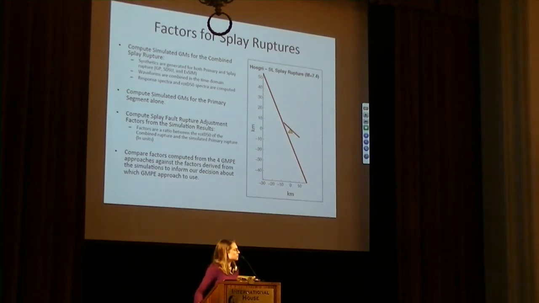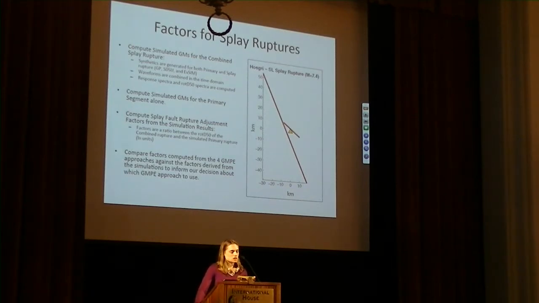So we create simulations for the full splay rupture, as Jeff discussed. That's step 1. Then we compute the simulation results for the primary segment by itself. That's step 2. So in this picture, that would be just the Hosgri segment.